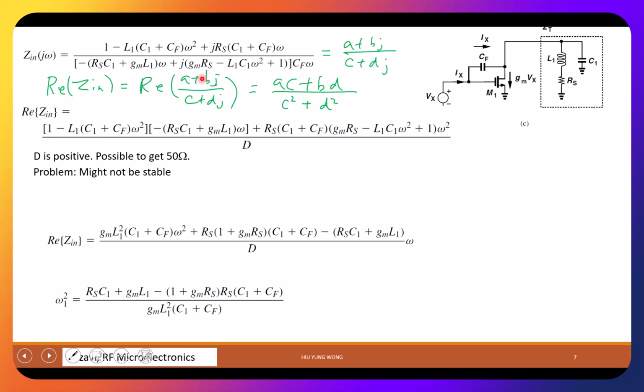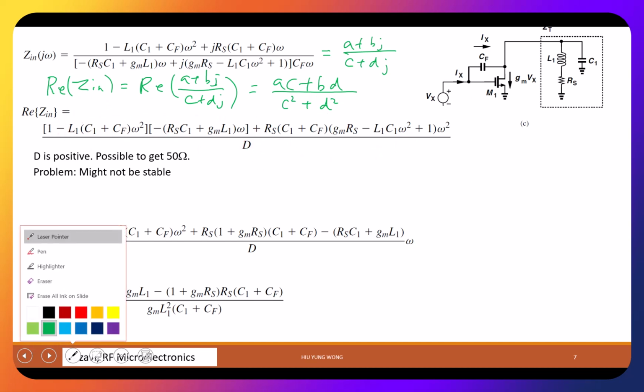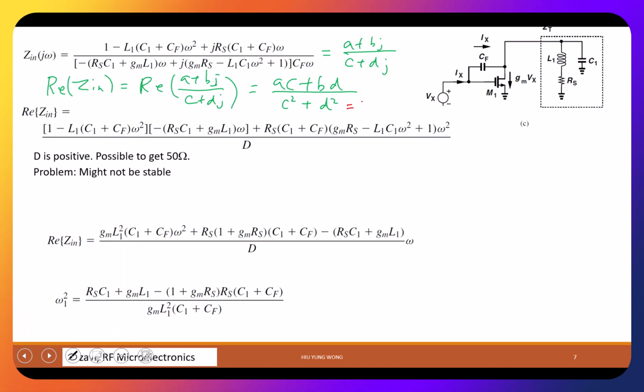And then on the top, the real part is AC plus BD. Just do it. And so that's why you get this part. And this is D, the bottom, this is D that we have here. Okay, so D is real, right? And I mean, D is positive, right?